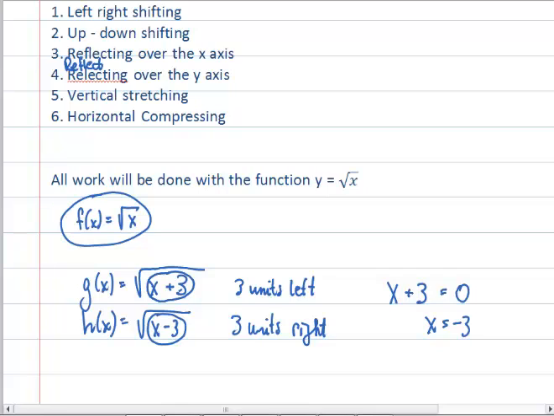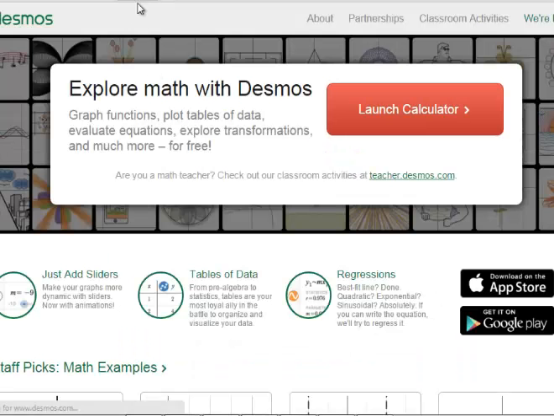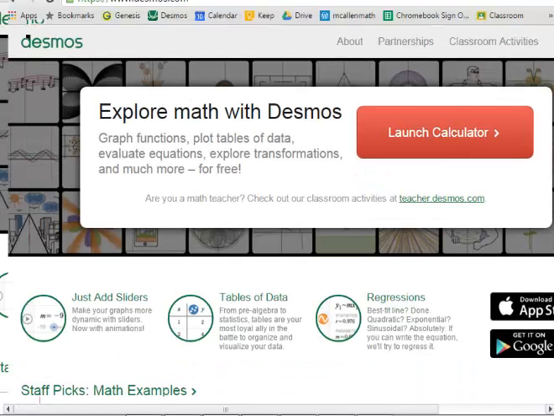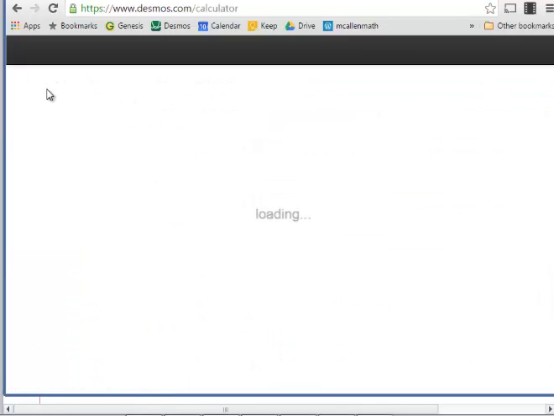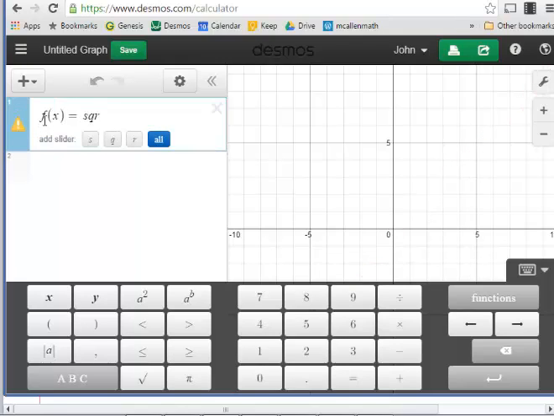So we can analyze this with Desmos, and I'm going to bring up Desmos just so we can play around with that parameter, and then we'll do the up and down case. So when we go to Desmos, we'll launch the calculator. I'll put in f of x is equal to the square root of x.